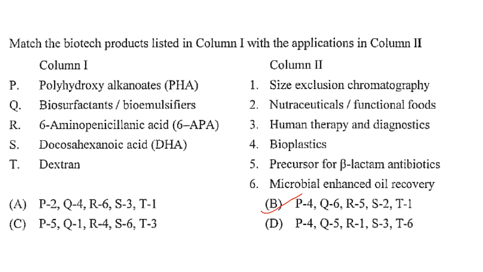It is used as a precursor for beta-lactam antibiotics. That is like ampicillin, amoxicillin, all are prepared using 6-aminopenicillanic acid. Docosahexaenoic acid. It is a nutraceutical or functional food. And dextran, it is used in size exclusion chromatography. So answer is option B, P4 Q6 R5 S2 T1.